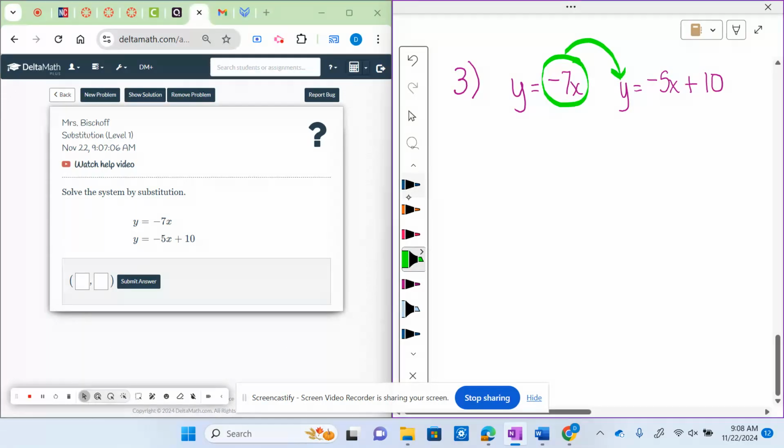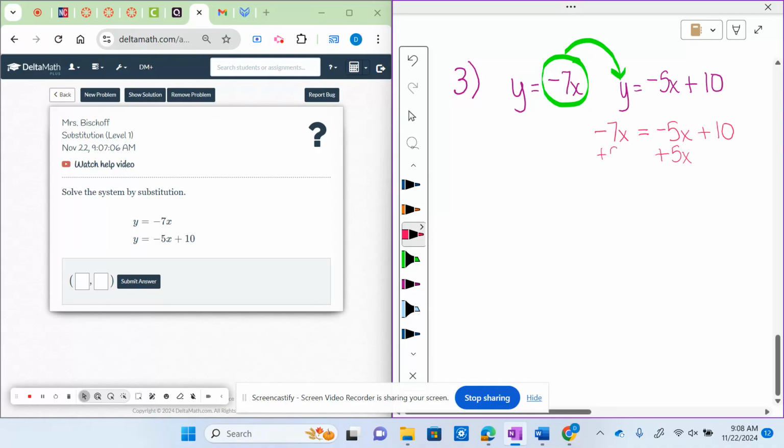I love that. So I have negative 7x equals negative 5x plus 10. If I want to get x all by itself, Aiden A, what would you do? Yeah, good job. We would add 5x to both sides.